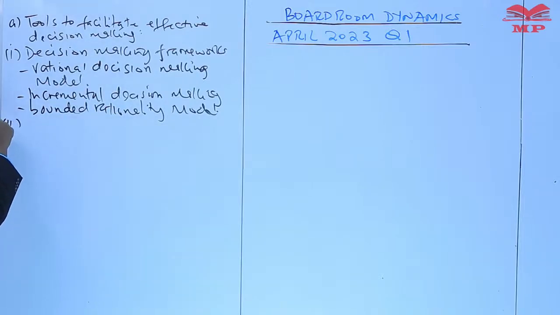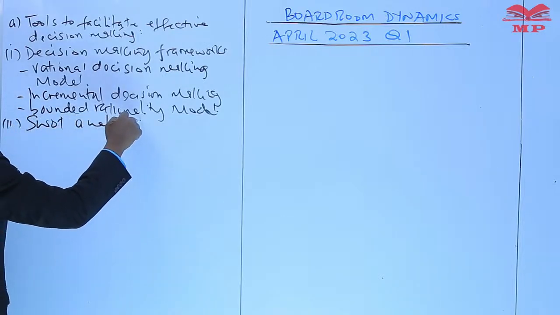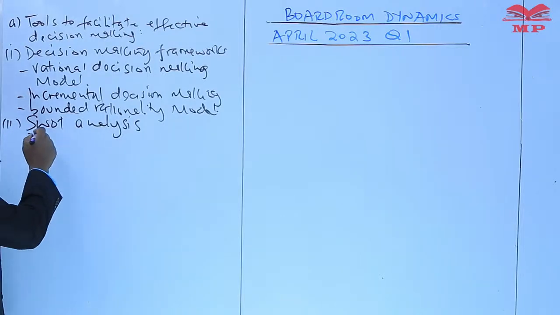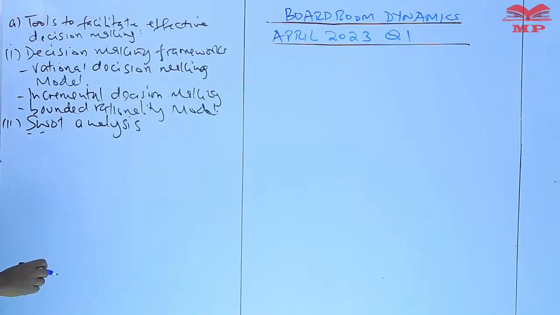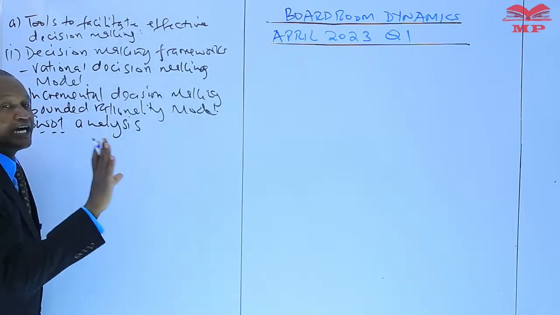Then point number 2 is the SWOT analysis model, where S stands for strengths, W stands for weaknesses, O stands for opportunities, and T stands for threats. This is a model that can help the company assess its internal as well as external factors.